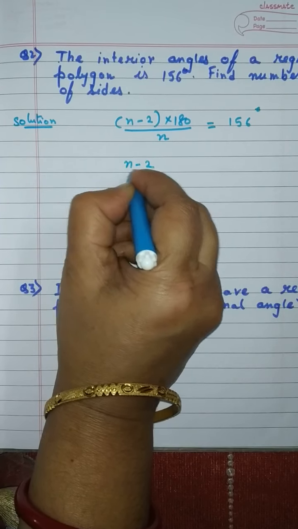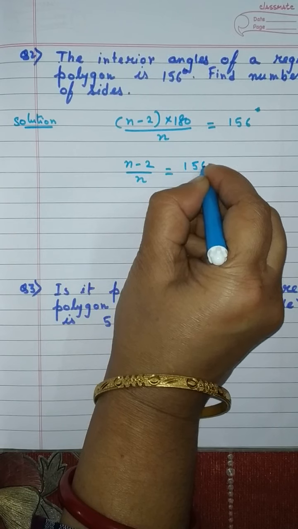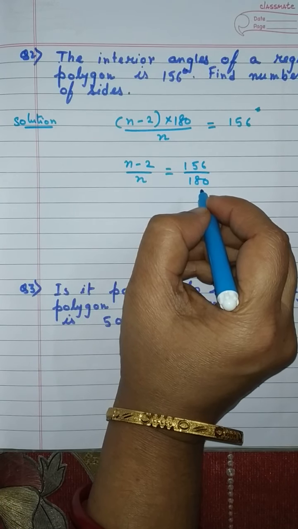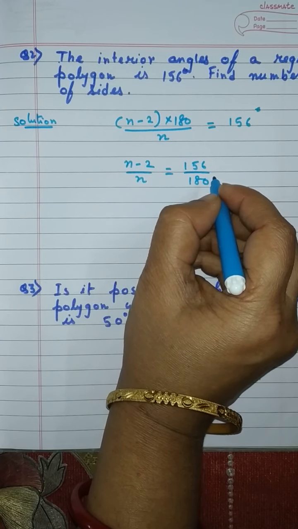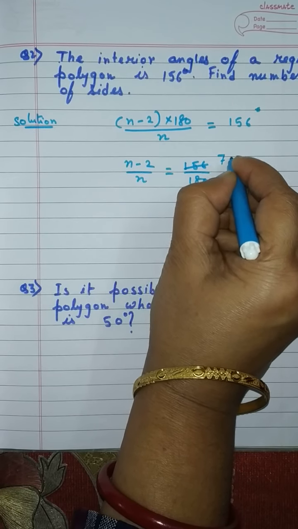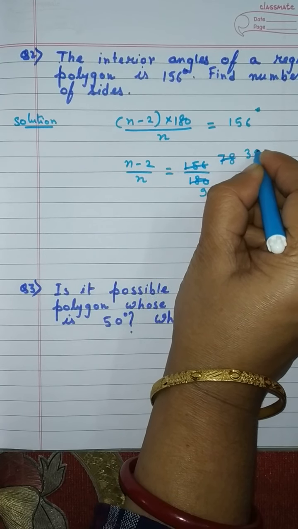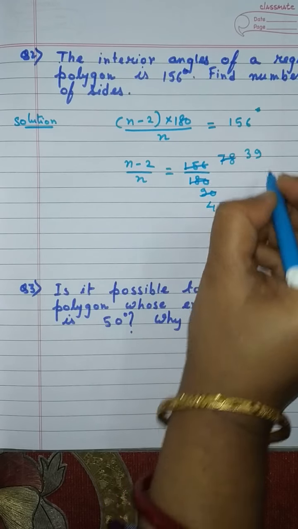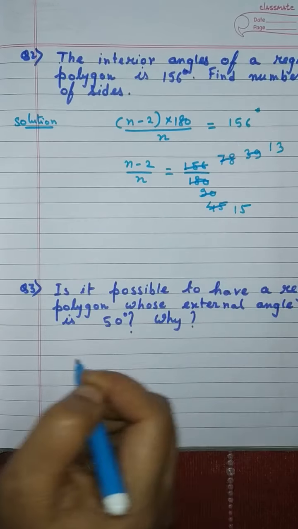So n minus 2 upon n, 180, यहाँ पर नीचे, do the cancellation. किससे होगा? Okay.